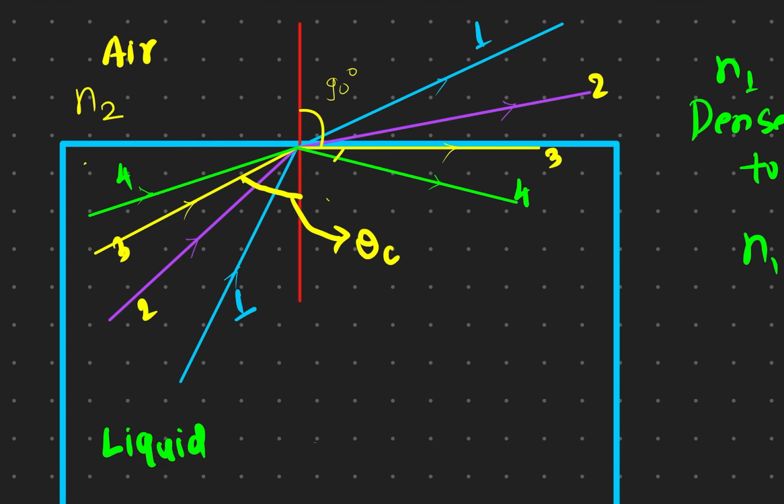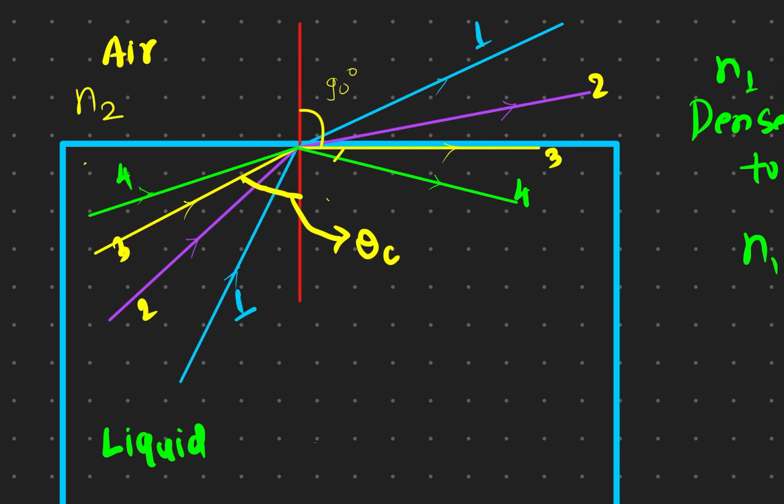So what does the critical angle mean again? The critical angle means the angle of incidence in the denser medium, for which the angle of refraction in the rare medium is 90 degrees. That we call a critical angle.